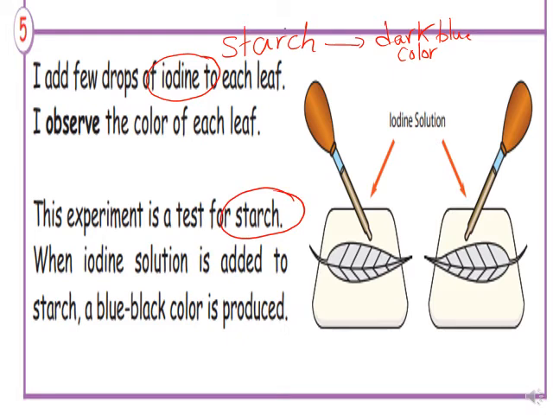When iodine is added and starch is present, a dark blue, or blue black, color is obtained, indicating the presence of starch. This means that photosynthesis occurred and we have the production of organic matter.